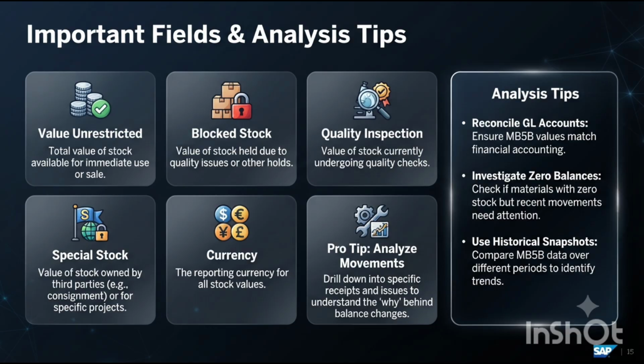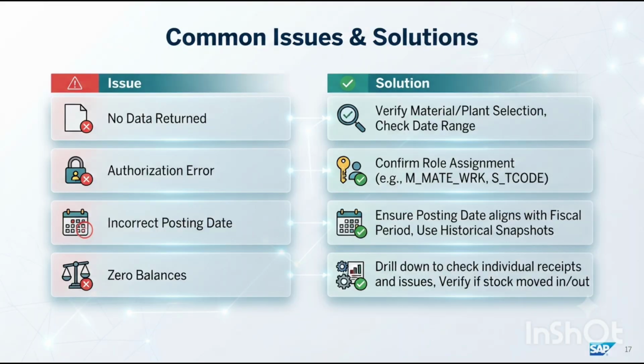Another useful feature is filtering by movement type. These small tips and tricks will help you become much faster and more efficient while working with MB5B in real projects. So this is about some important fields, which includes currency, quality inspection, and blocked stock.